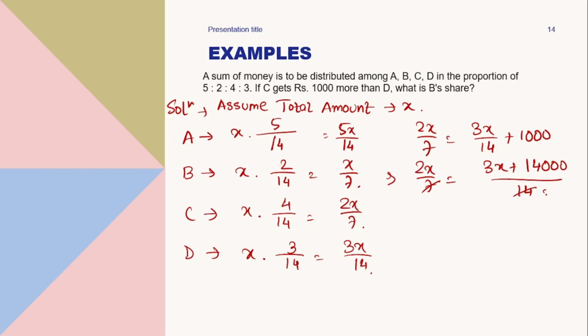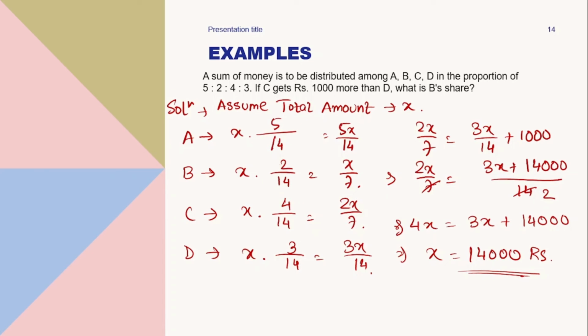So it will cancel out, and 4x equals 3x plus 14,000, so it remains x equals 14,000 rupees. So the total amount is 14,000 rupees.